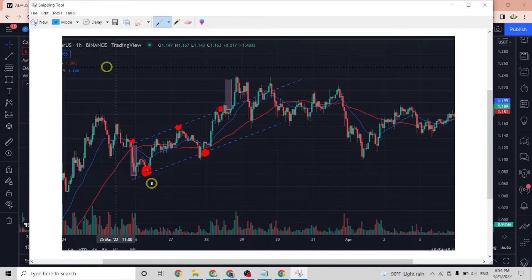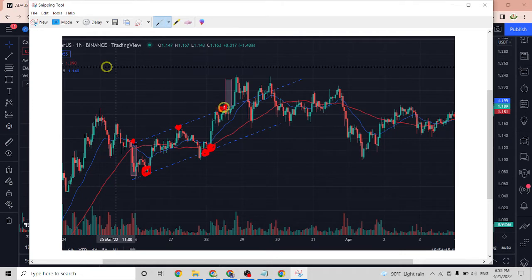Okay, so it happens on an uptrend line. This is important because you know where to sell your coins. You buy at this price at support, and you can sell it here.